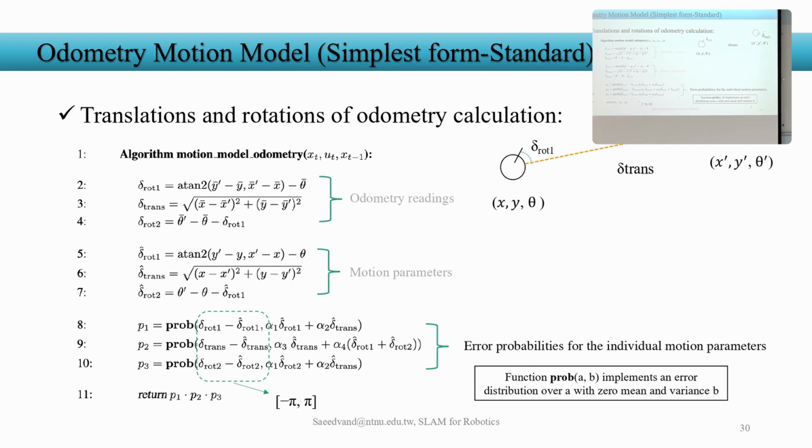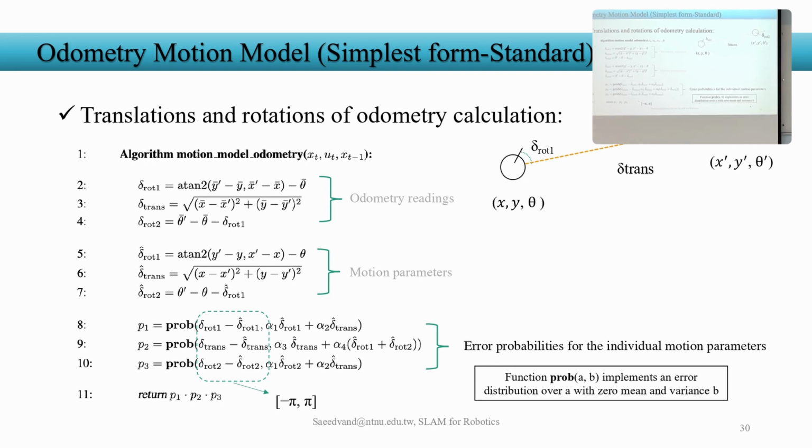For example, if the robot has more error on moving forward, and if you go very far, the probability distribution over there will be increased. In contrast, it can be smaller here, if the error is considered as a Gaussian distribution, and we plot it as a normal distribution.